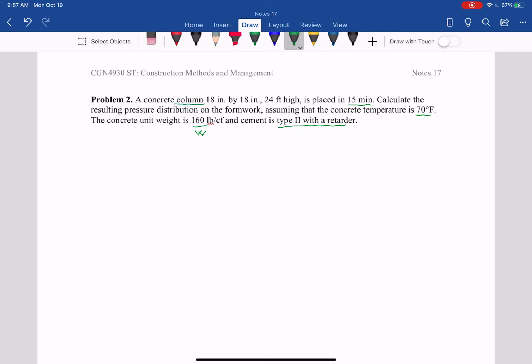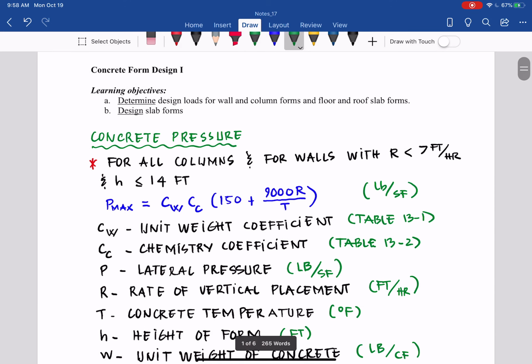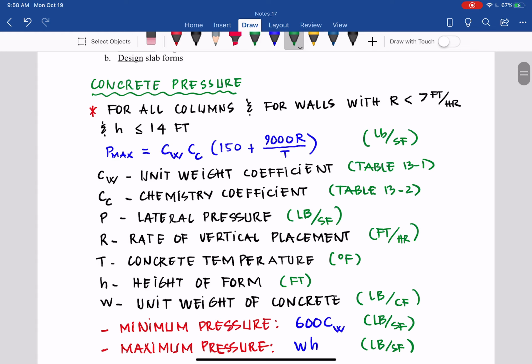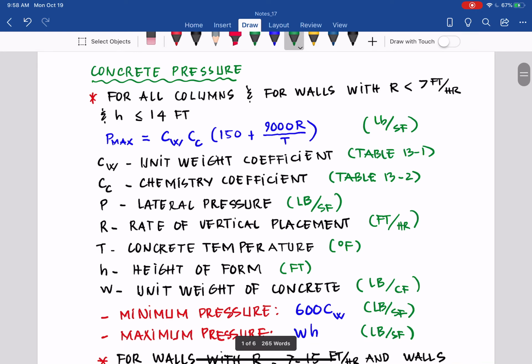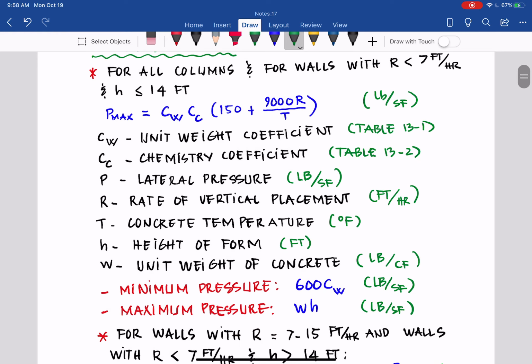How do we determine the pressure for the columns? We need to go back to the equation we learned for all columns. So you use the first equation, Pmax equal to C_W C_C times (150 + 9000 R over T), for all columns.